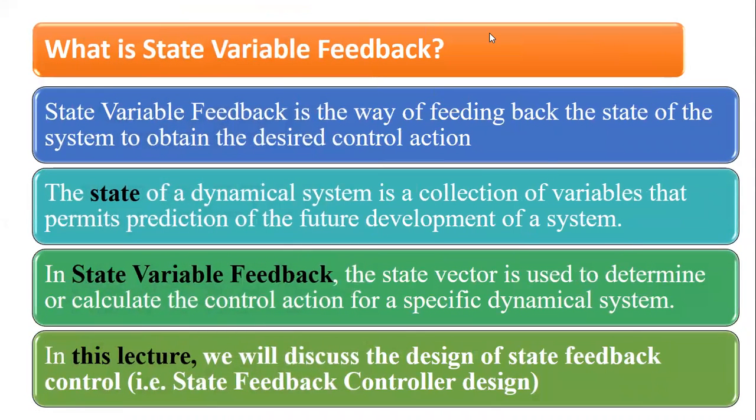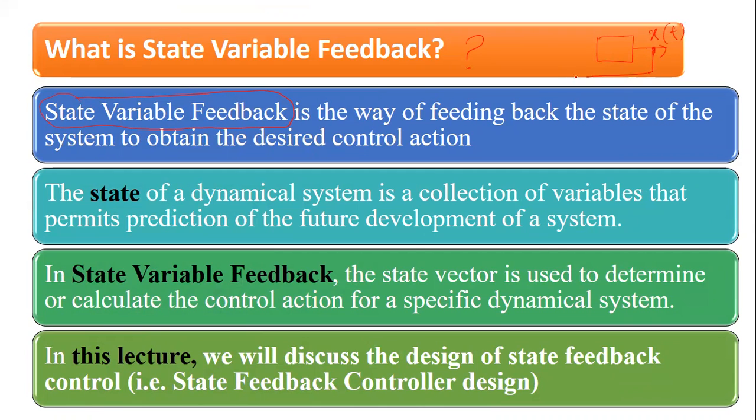Now, what is state feedback or state variable feedback? Basically, state variable feedback is, as the name suggests, state variable feedback. That means when we have a system, we have its state as an output.